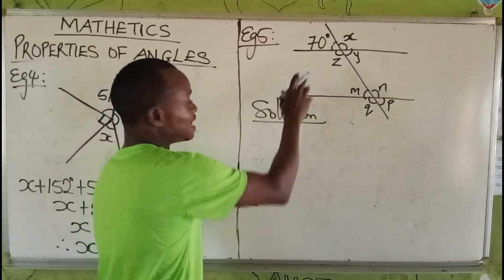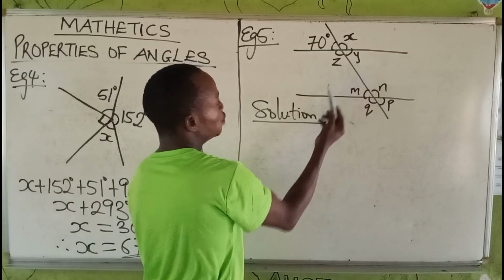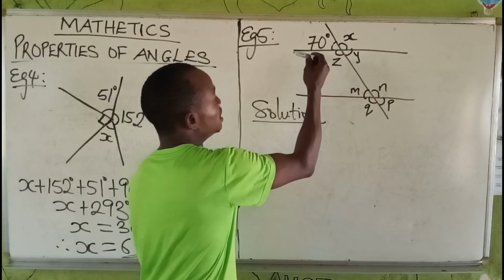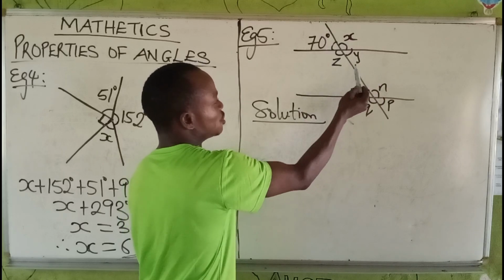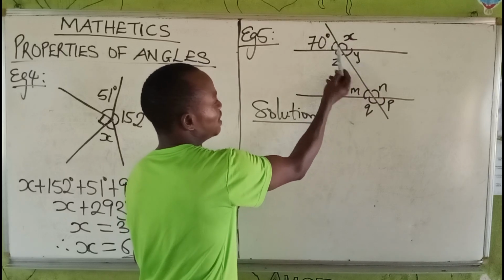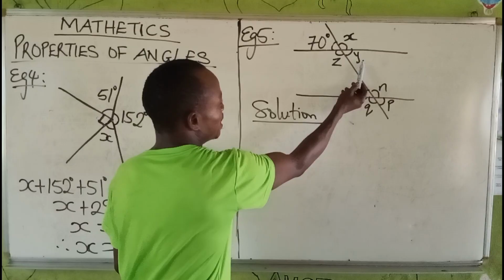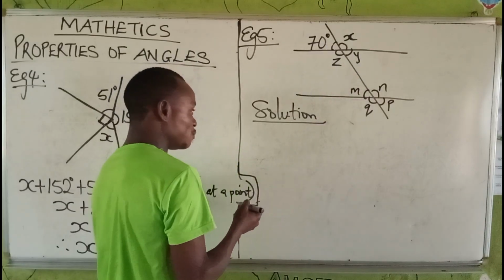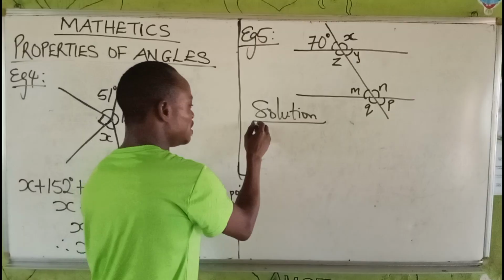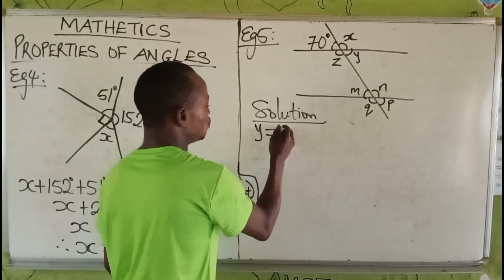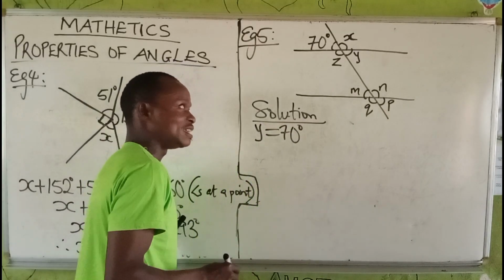The easiest angle we can look for here is angle y. If you look at this angle, this is a straight line and this is another straight line. And when 2 straight lines cross each other, the opposite angles are vertically opposite. That means y is vertically opposite to 70. And we know vertically opposite angles are equal. That means angle y is equal to 70 degrees.